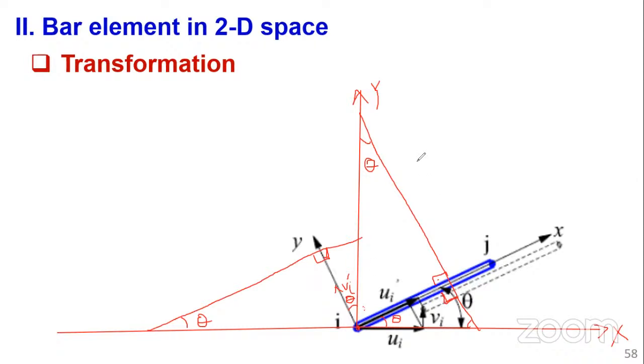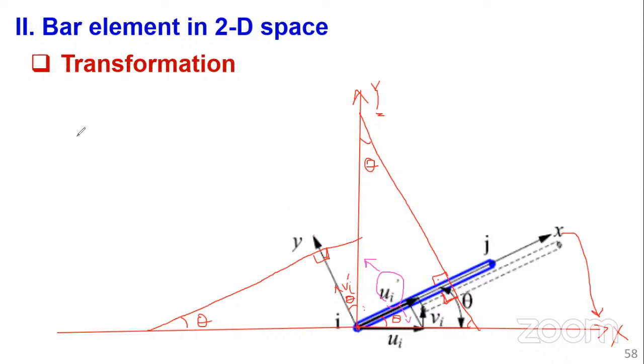And now I can use trigonometry to relate this axis, y and small y, and to relate this small x axis to this capital X axis. How do I do this? I use trigonometry. So there are two quantities. I'm saying ui, I want to resolve it into this axis.